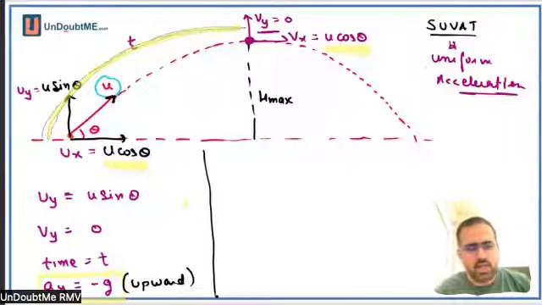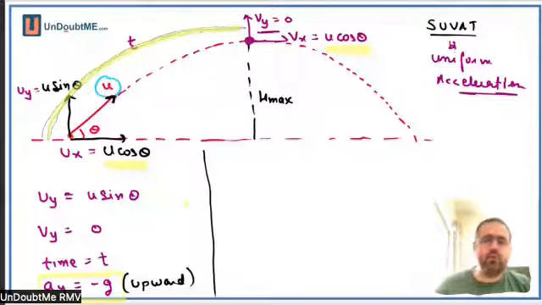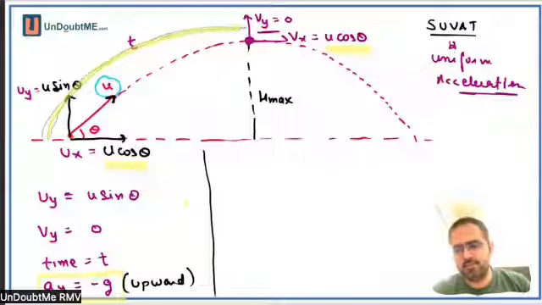So I have all these things. Can you tell me which of the SUVAT equations will be appropriate to use in this case? That itself is one of the skills that you should know, which SUVAT equation needs to be used when.